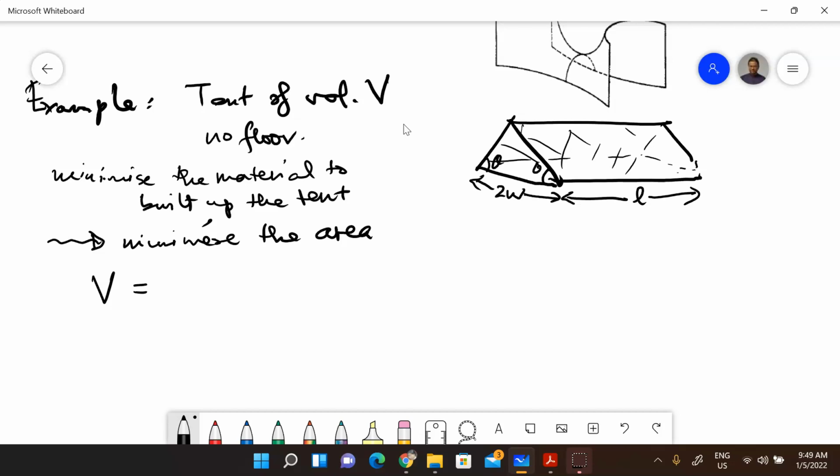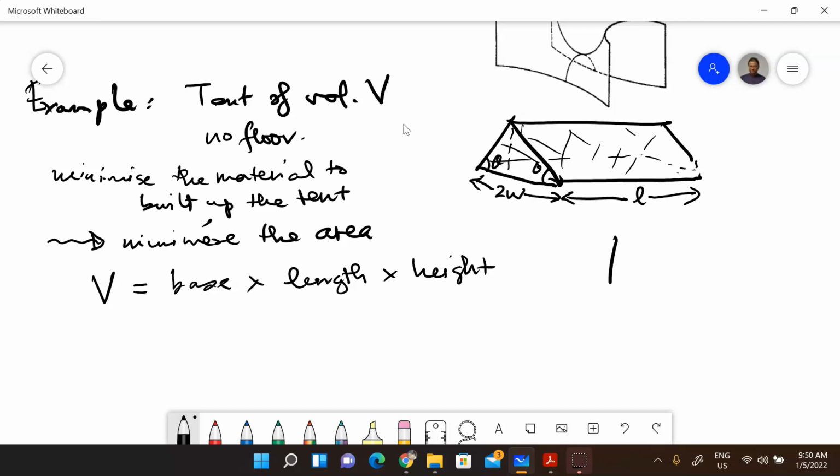The base times length times height. Okay. So what is the base over here? The base consists of this isosceles triangle, for which you actually have to find out what the height is here.